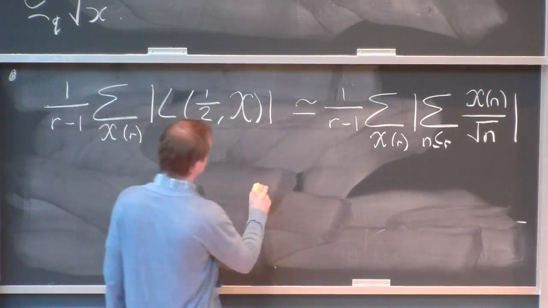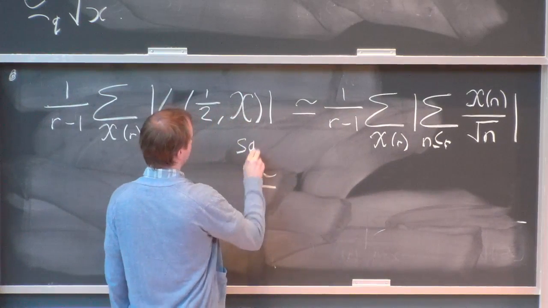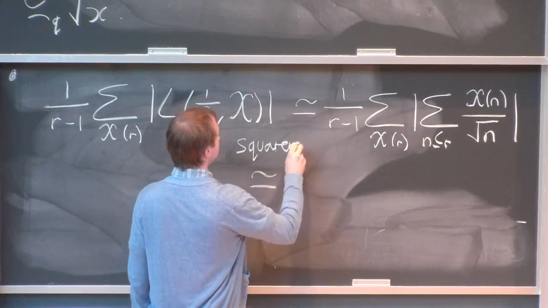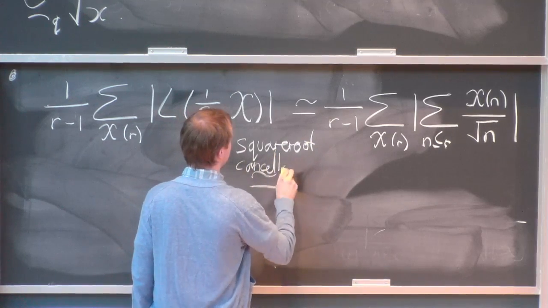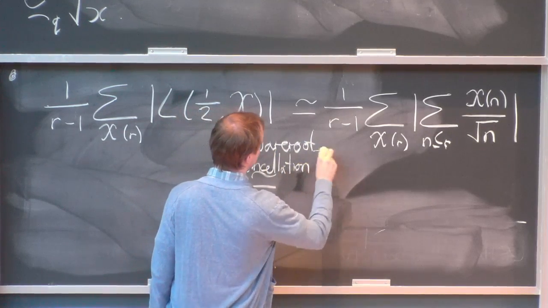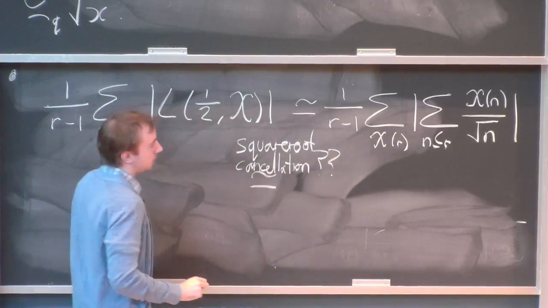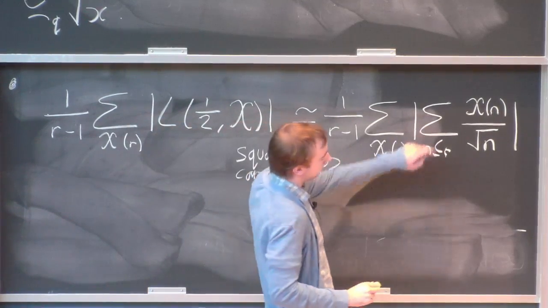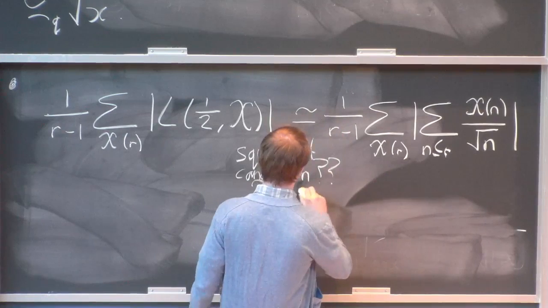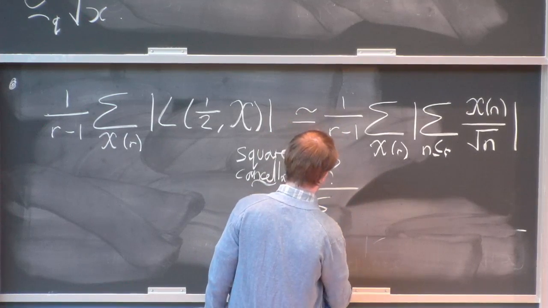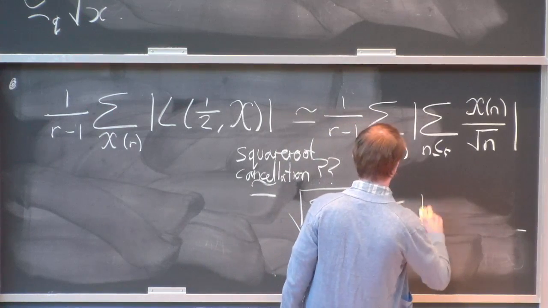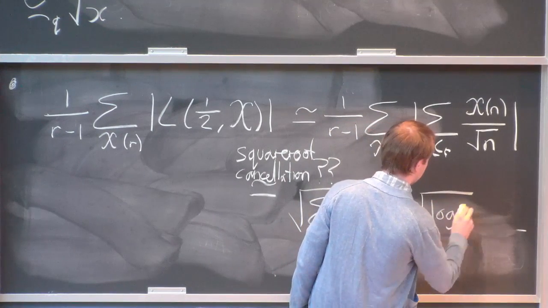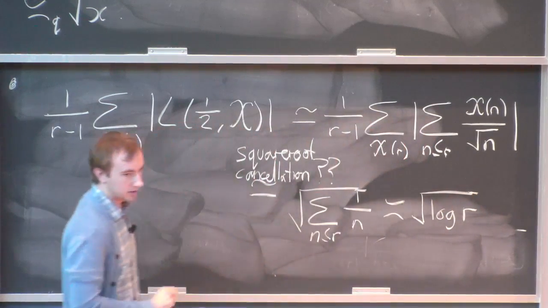Now, if what was going on was square root cancellation, then you would expect this to be like the square root of the sum of the squares. So this should be like the square root of the sum over n less than r of 1 over n, which is like square root log r in size.